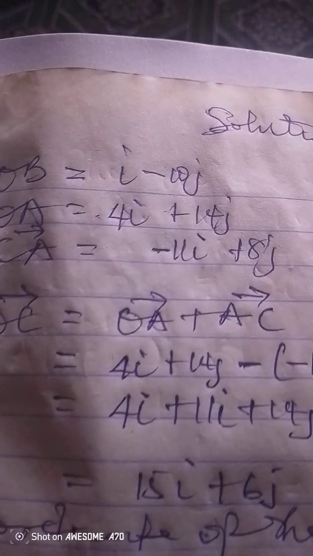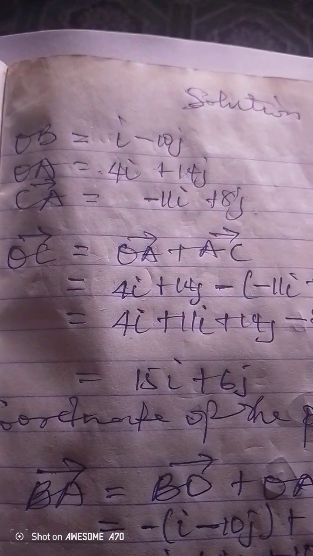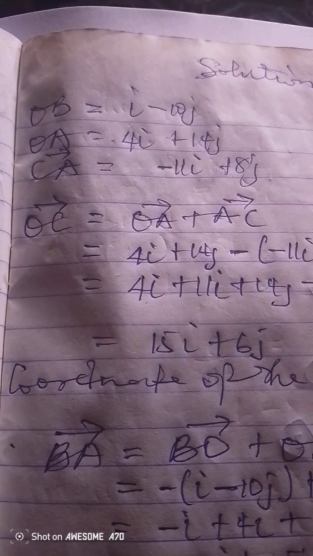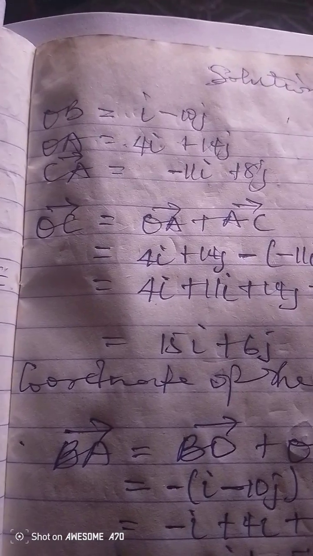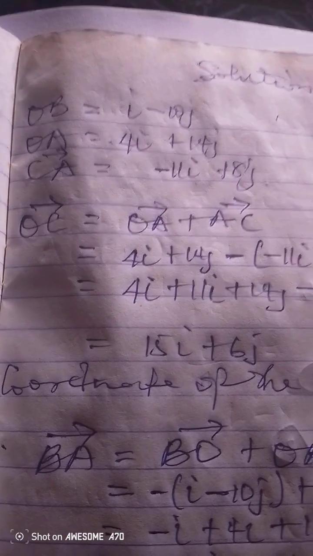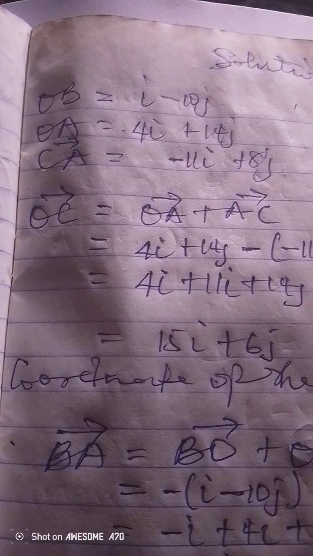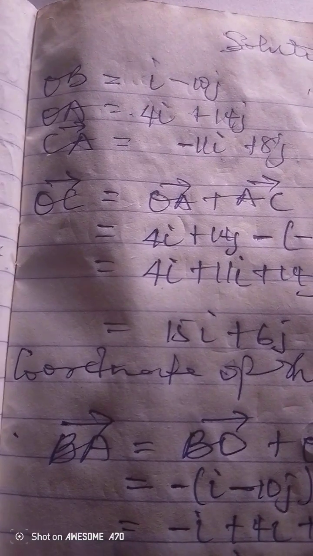In the solution to the question, let OB be equal to i minus 10j, expressing it as a two-component vector. Then OA is equal to 4i plus 14j, and vector CA is equal to minus 11i plus 8j.